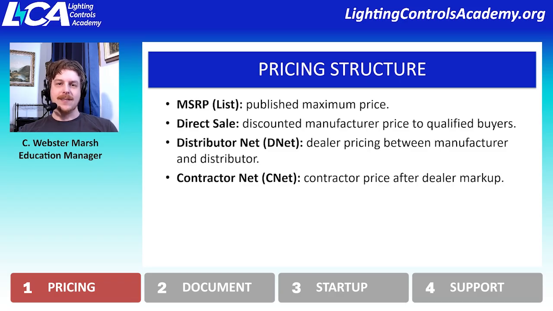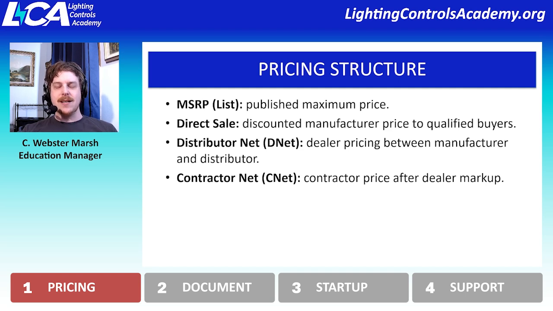You'll see freight or shipping as a separate line item, but the actual cost of the device will have that DNet markup. And then CNET, again, it's what the contractor is going to mark up on top of what the DNet sold them for, so that they can again, roll in the additional costs that are going to be associated with them handling this equipment.